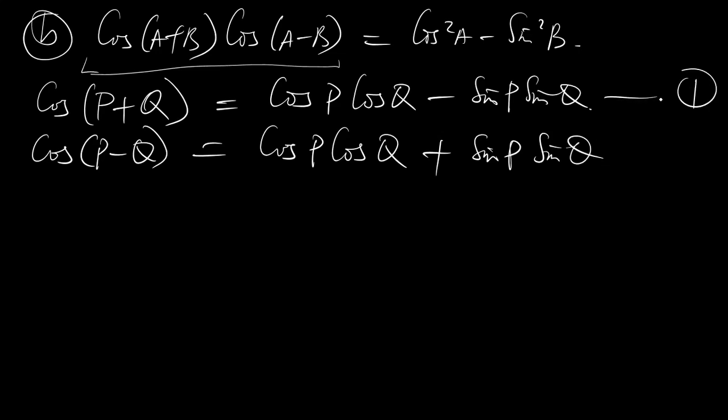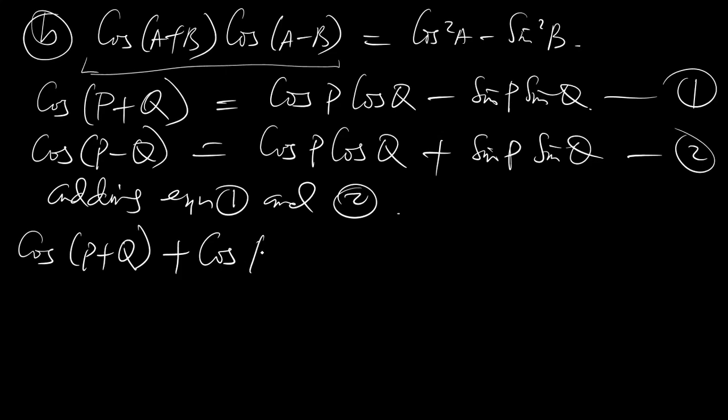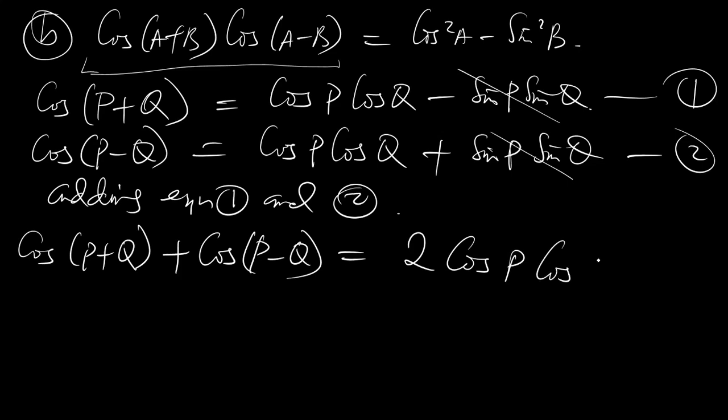Let's say this is equation 1 and this is equation 2. Adding equation 1 and equation 2 together, you have cos(p + q) plus cos(p - q) equal to, when you add them together, the sin terms cancel out, you now have 2 cos p cos q.